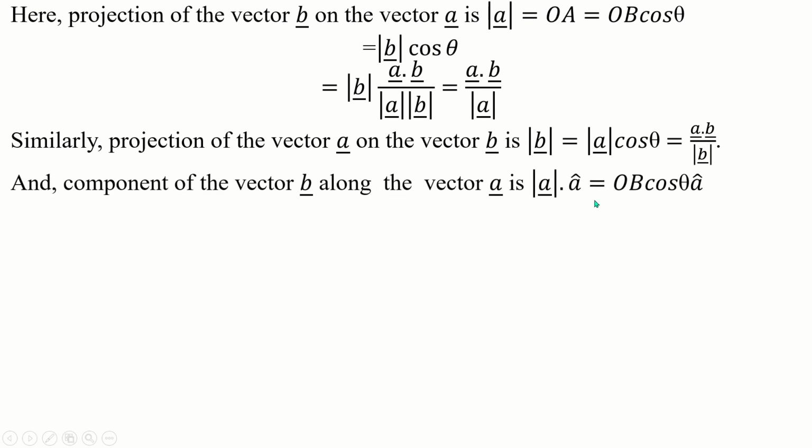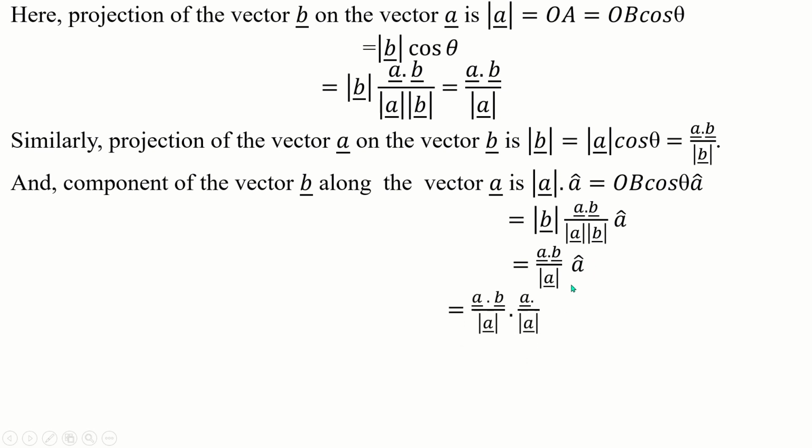Similarly for the component, cos theta is equal to this part, the other part is the same, so this cancels. But we know the unit vector a hat means a vector divided by the absolute value of a vector. We put this in the next line: the unit vector of a equals a vector divided by the absolute value of a vector. This and this give the absolute value of a vector whole square in the denominator, following this, for a vector dot b vector divided by this, times a vector.